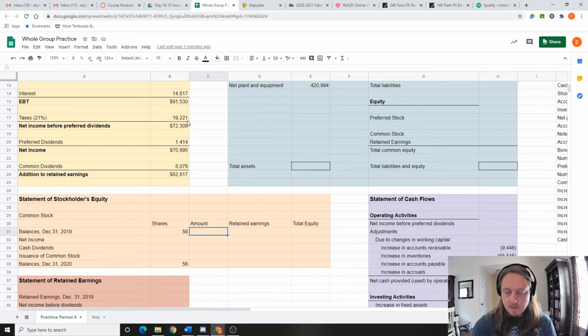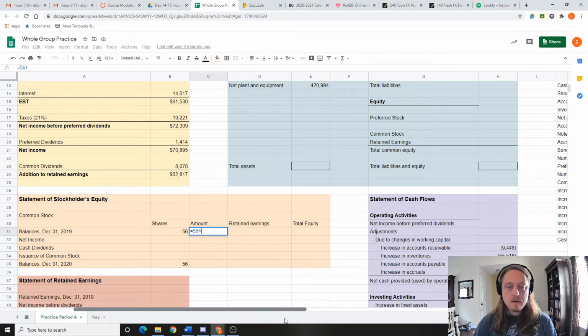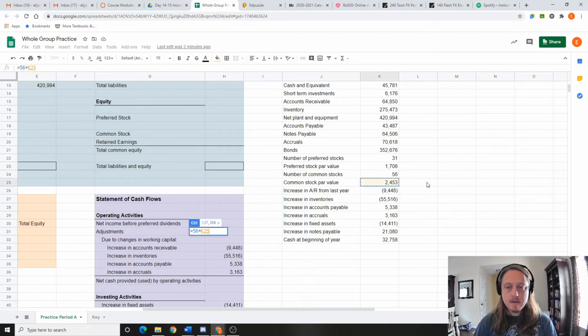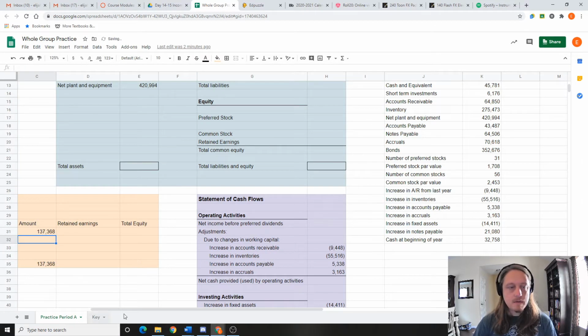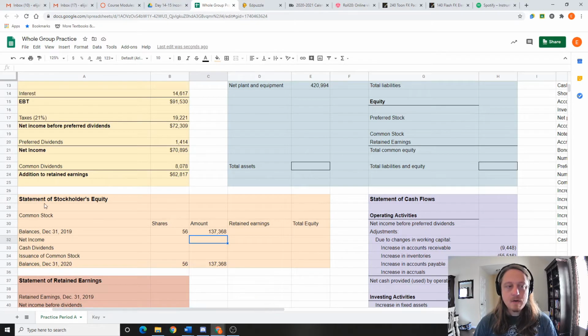So we press equal 56 times, and if you want, you can go back over here and select 2,453. Now notice we are not keeping track of preferred stock here. The preferred stock value, the number of them, we don't care about that here because this is stockholders' equity in the common stock section.